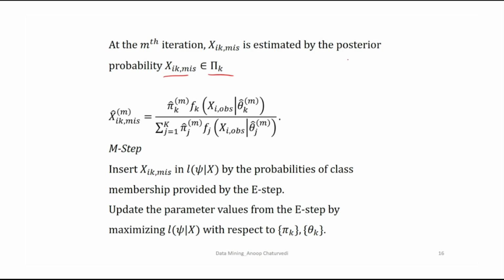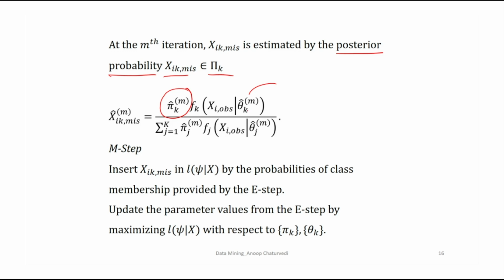We estimate this posterior probability, and we estimate this posterior probability by, say, pi hat_k m. This is the probability of a particular class at the mth step. We multiply it by f_k(x_i observed given theta hat_k m).